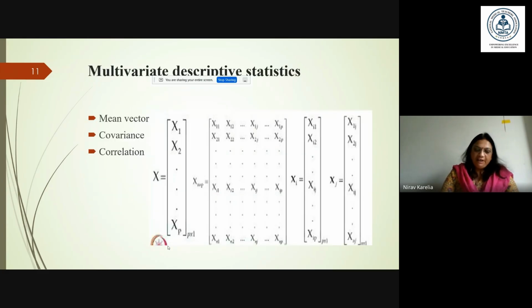Now come to multivariate descriptive statistics. I want to ask someone, and you can answer in the chat box: have you come across all these things?